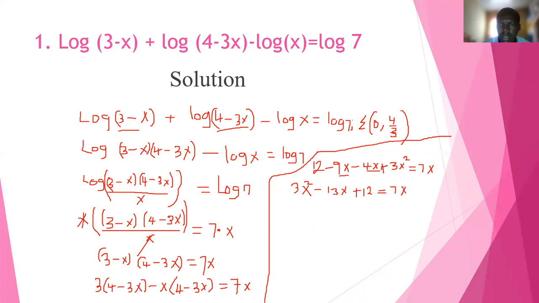So this 7x also can come this side. We'll have 3x squared minus 13x minus 7x, which is minus 20x, plus 12 is equals to 0.